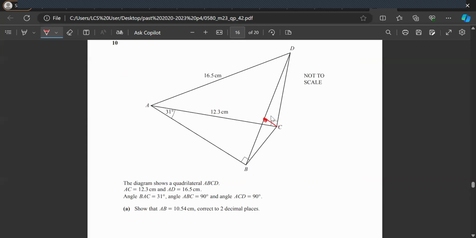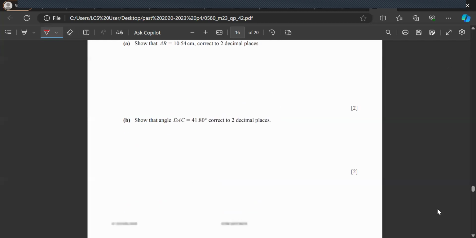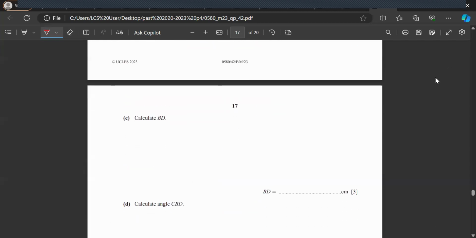And he wants this one. From the steps, you will find that you got this angle and this side. So you will get this side by using opposite over hypotenuse. Any problem in this question? Shall we skip it, please?